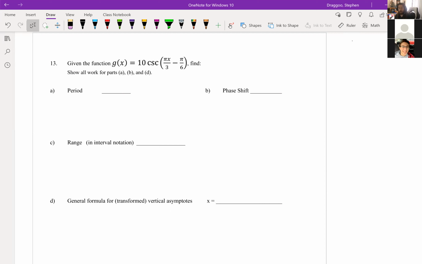So what do we want to do? Period, phase shift, range, and general formula for the transformed asymptotes. So for the period, I want 2 pi over b, which is going to be 2 pi divided by pi over 3, which is 6.